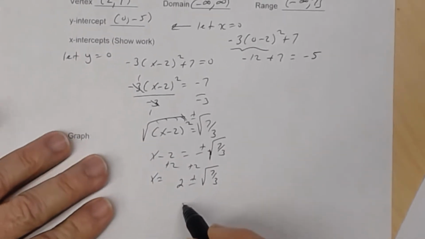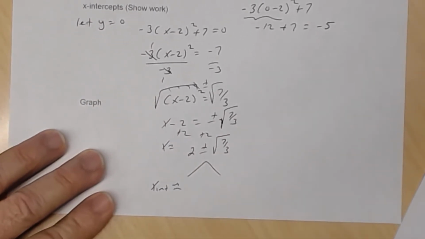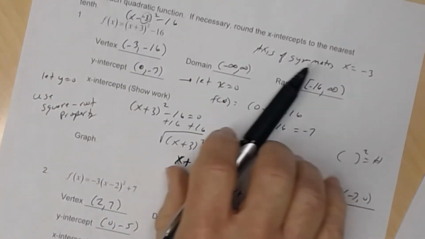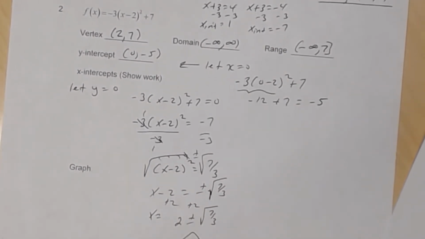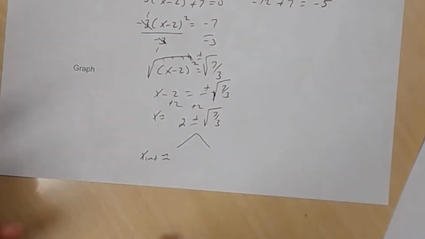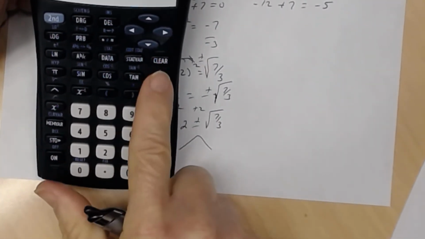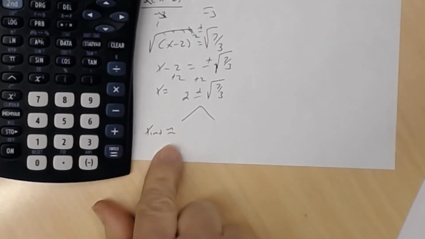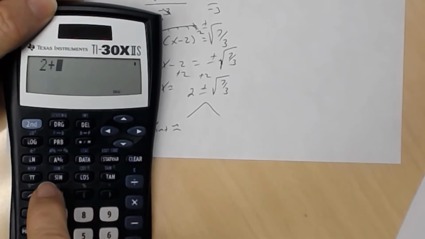All right, so let's approximate what these x-intercepts are. So the first x-intercept is going to be approximately equal to, and remember you want to round to the nearest tenth if possible. So take your calculator out, and let's figure out what one of my x-intercepts is approximately equal to. You're going to say 2 plus, and then the square root.